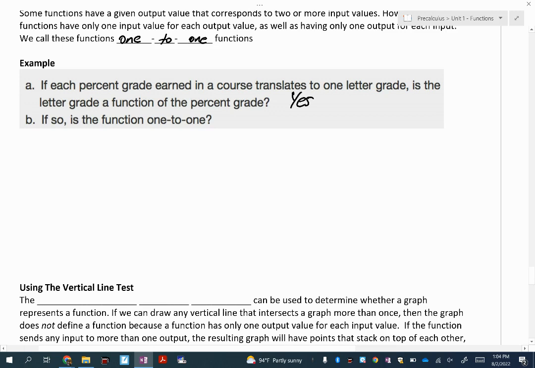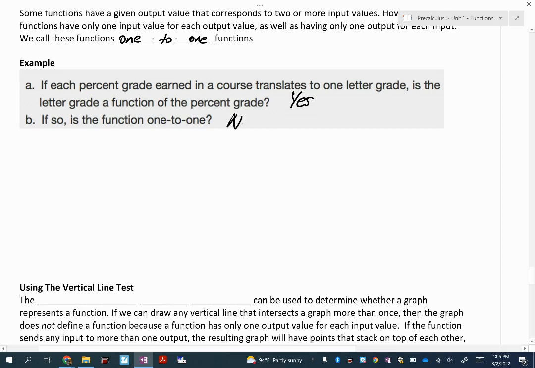If you give me an input, which is a percent grade, all right, so in our school, we're looking for something hopefully in the 90 to 100 range, I can tell you what your letter grade is. Is this a one-to-one function? All right, so is this going to be where if we have our inputs, are they unique inputs for each output? All right, and the answer is no here.